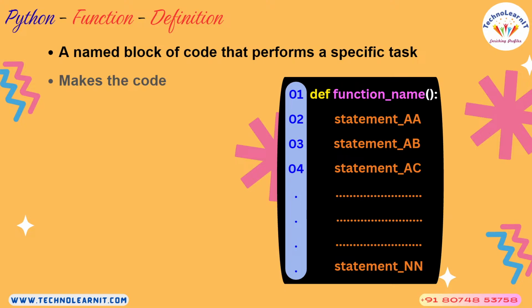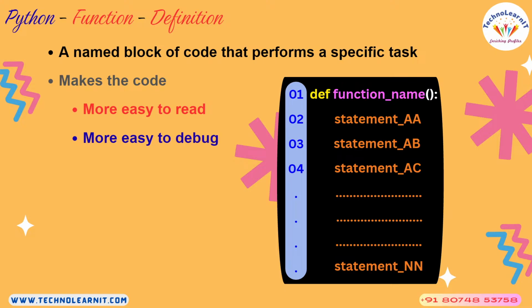And these functions will really make your code easier to read, because now you are not going to write all those 1,000 lines of code in one place. You will probably decide to break them into logical small pieces, and each small piece becomes a function, in fact. So functions help you make your code easier to read, and also easier to debug.